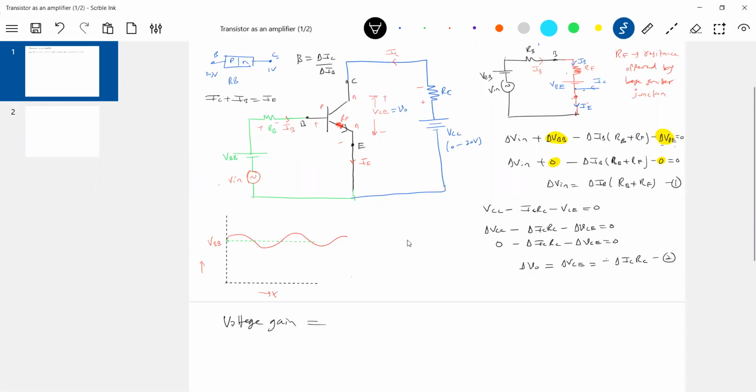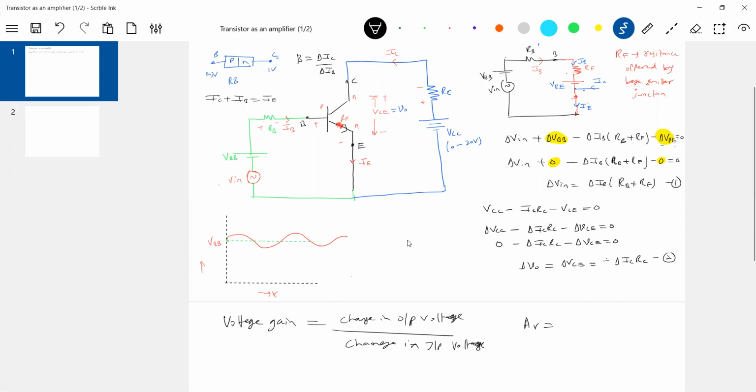Voltage gain is the change in output voltage by the change in input voltage.